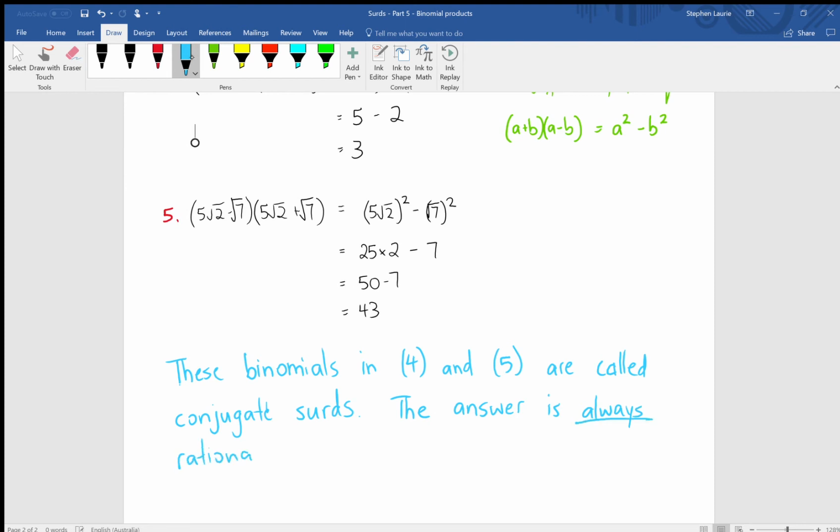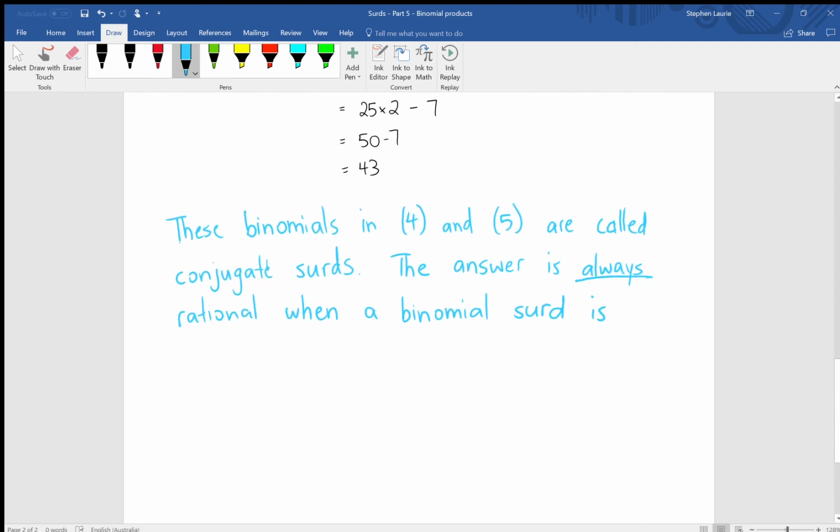So when we multiply a binomial surd by its conjugate, the answer is always rational. So conjugate, just rephrasing, is just a fancy way of saying we've got a plus b and a minus b. That's all we're talking about here. That's a name given to it. We'll finish off this sentence, and then we're done.